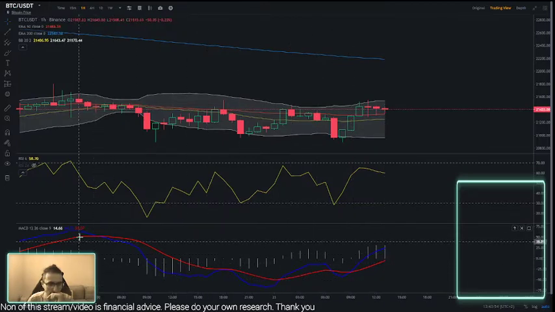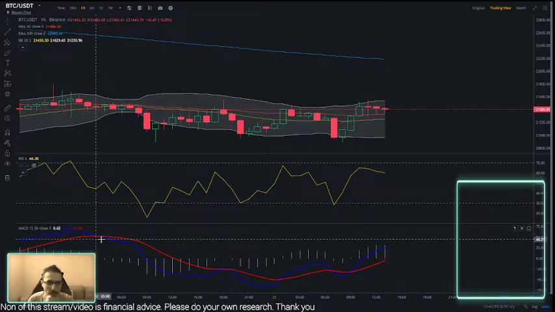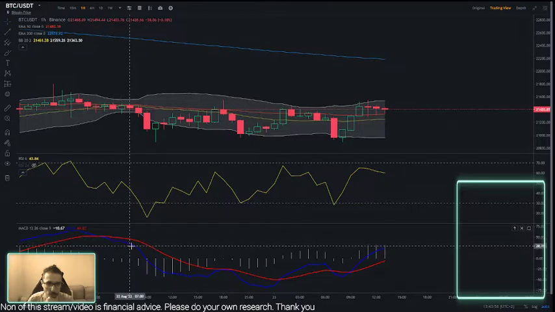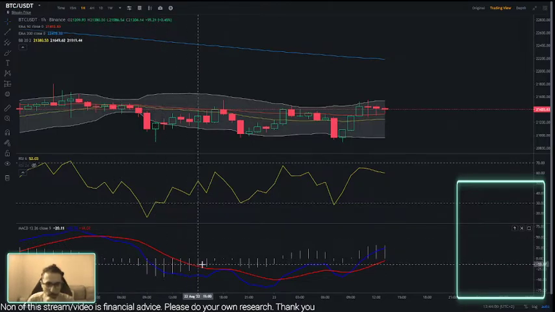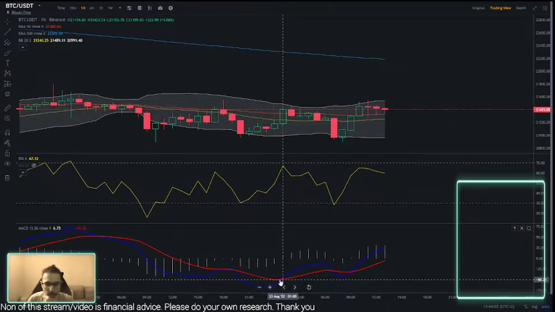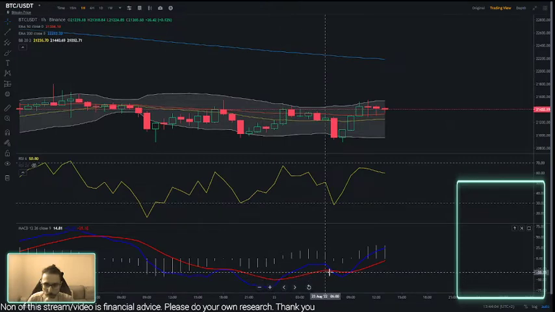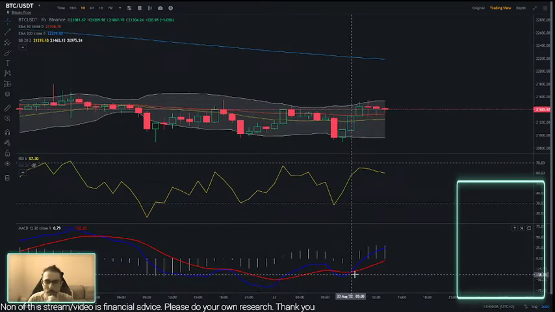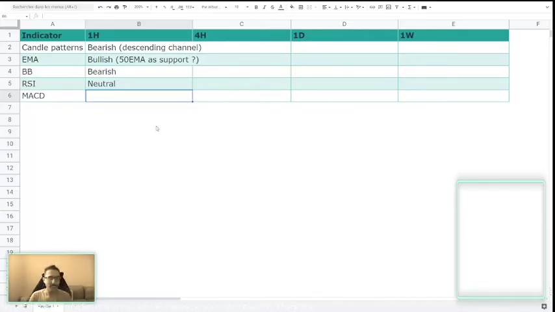So let's see this one here, and we then were in a mostly downtrend. Here we would have said a bullish trend, downtrend, and re-bullish trend. So we're going to go for bullish for this one. I know this is very basic and I do hope I'm not making big mistakes.